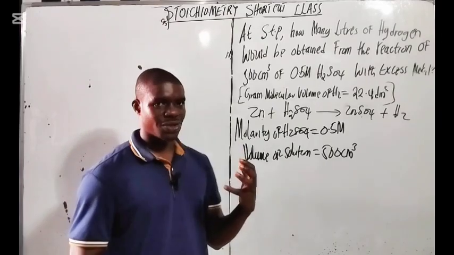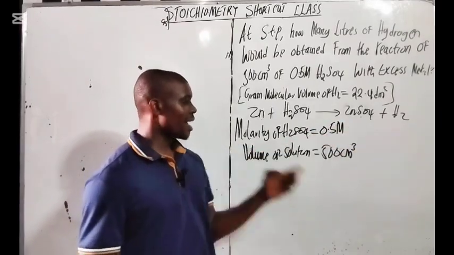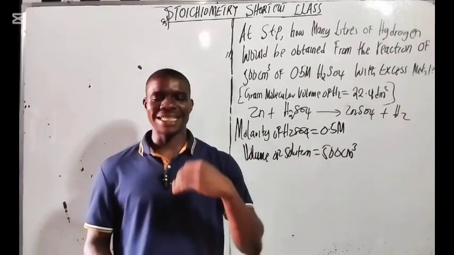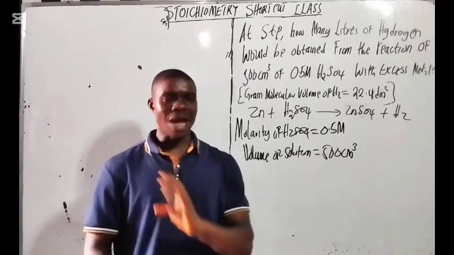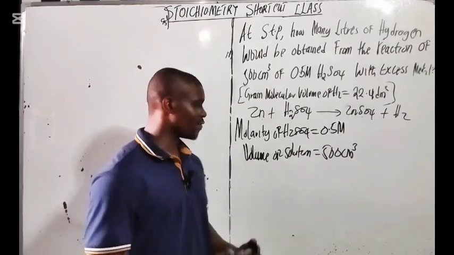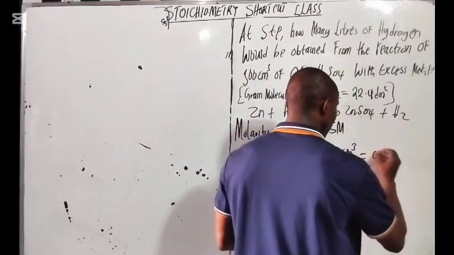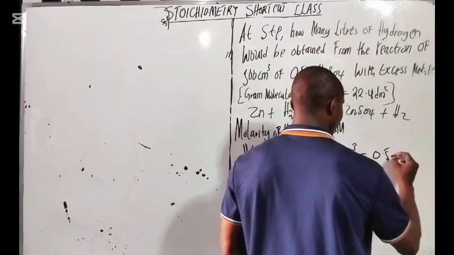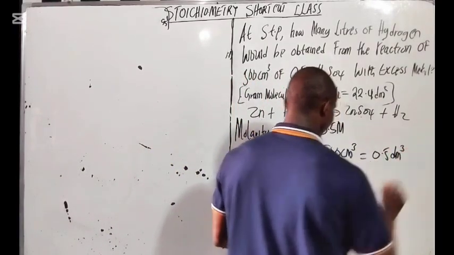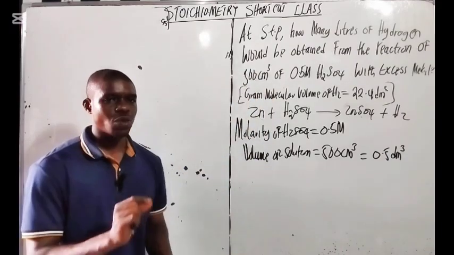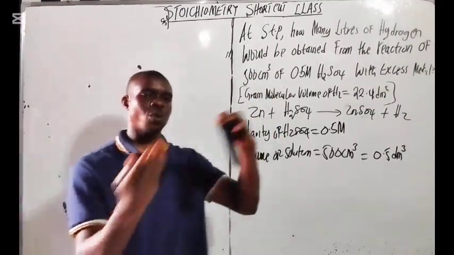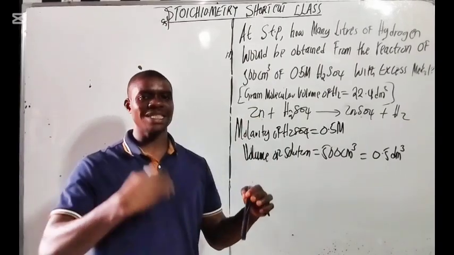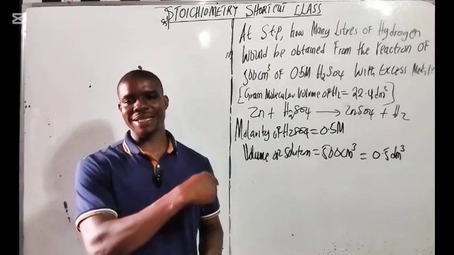When you see molarity, you have to convert cm³ to dm³. How do you do that? By dividing by 1000. If you divide by 1000, you have 0.5 dm³. Now we need to calculate the mass of this compound that undergoes the reaction. In the previous questions the mass was given to us straight, but here the mass was not given.